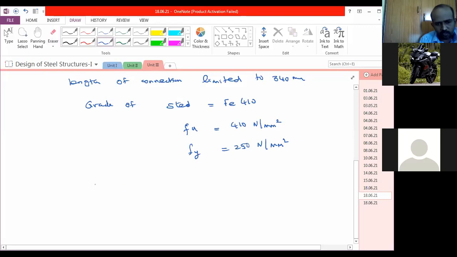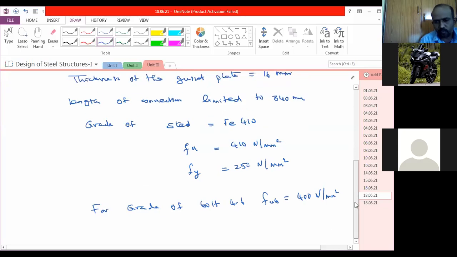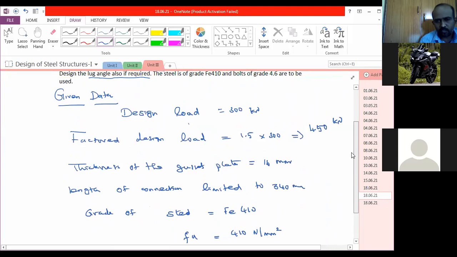For the grade of bolt 4.6, the Fub value, I know, is 400 Newton per mm square. If the grade of bolt is given as 8.8, you have to write 800. The Fub value will become 800 Newton per mm square. I think the bolt diameter is not given.